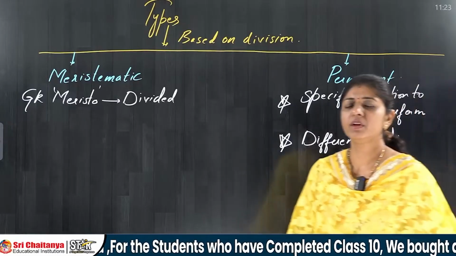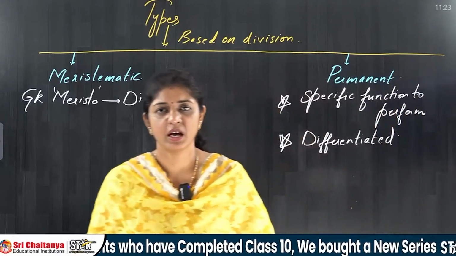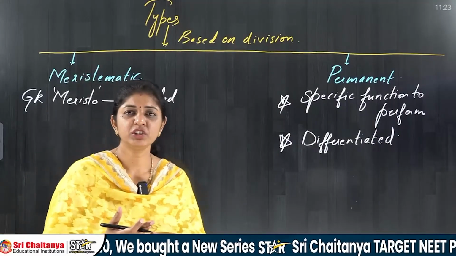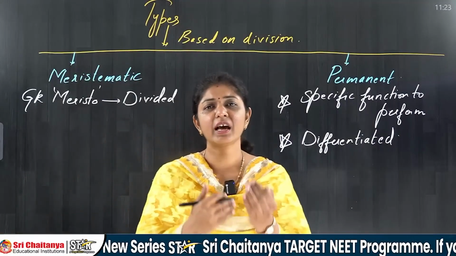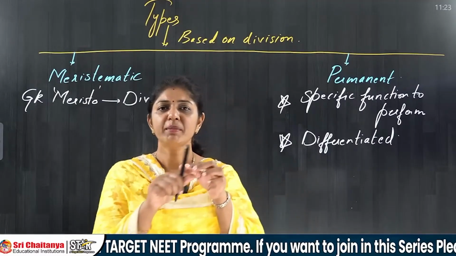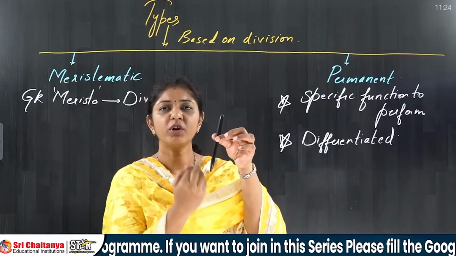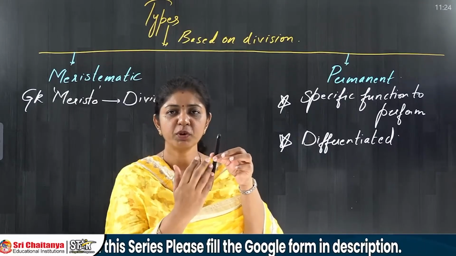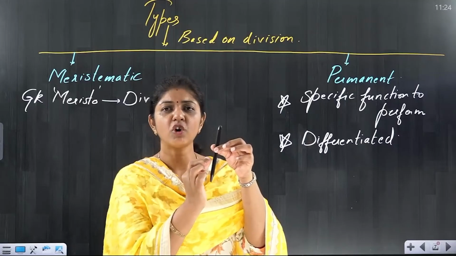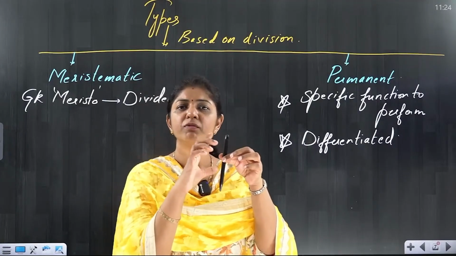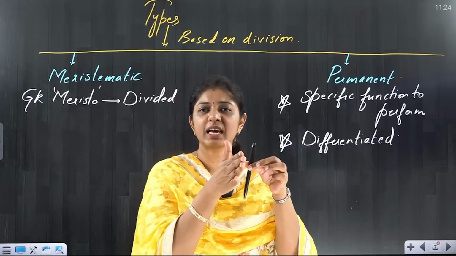Differentiated means it will be no more dividing. Are you getting that? Its structure and its function are now decided. They are not dividing anymore, right? So whatever meristematic cells are there, they keep on dividing. But once this organ needs some particular function to perform, they stop dividing and enter this zone where specialization of work happens, and that work is assigned to them.